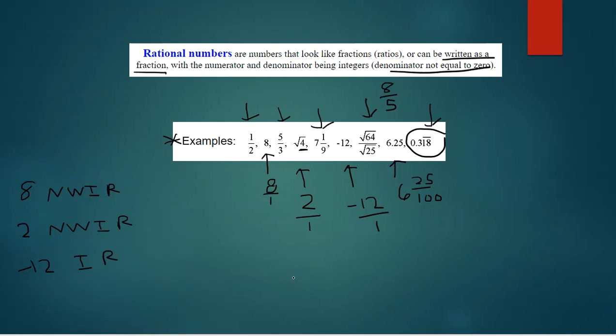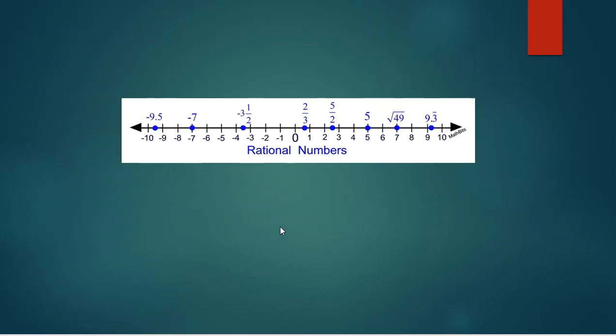Now, rational numbers also have a certain location on the number line. As we look at this number line here, we can see that there are a whole bunch of different rational numbers represented here. One thing I want to point out is that we have a negative 9.5 here. And you may say, well, that's a decimal, not a fraction.